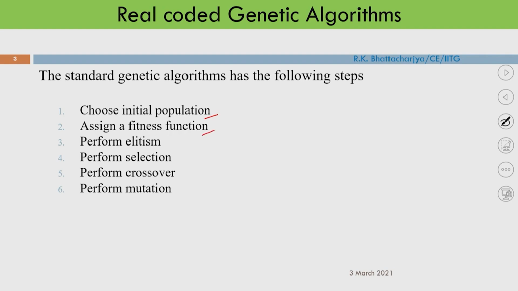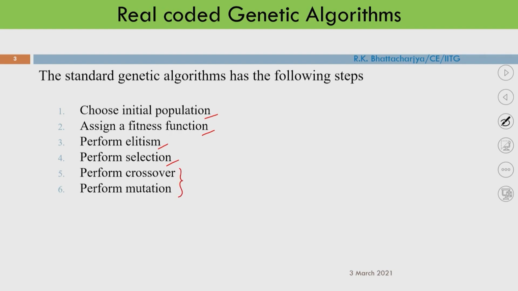Then you define a fitness function, that means I have to define the fitness value for each solution. Then you perform elitism, so you want to preserve the better individuals, then perform selection, and then you have to perform these two operators, the crossover operator and the mutation operator.